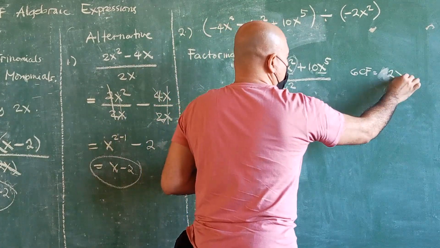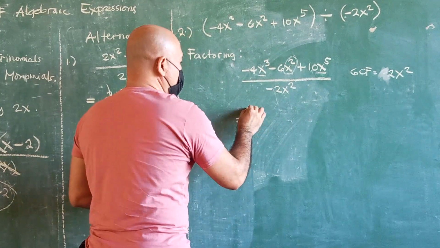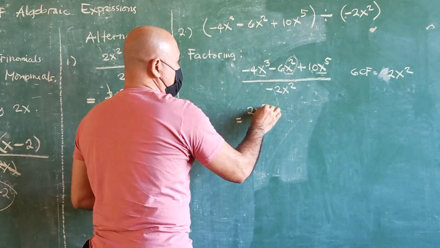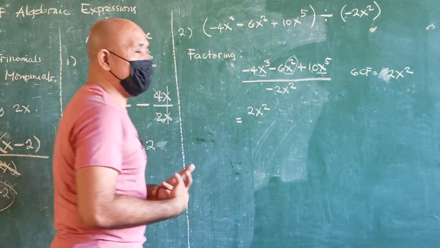That means the common monomial factor is 2x squared.